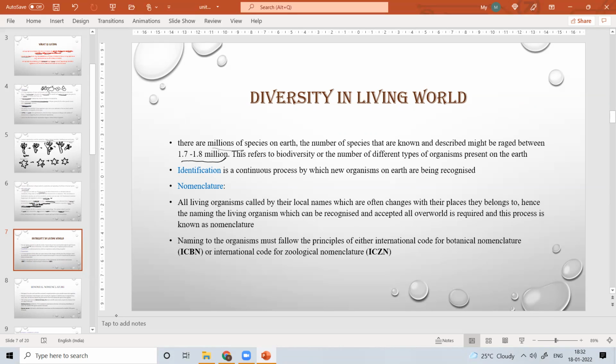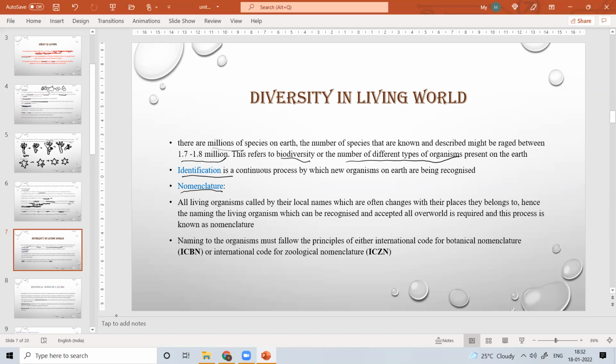This refers to the biodiversity, or the number of different types of organisms present on the earth. So biodiversity is nothing but the number of different types of organisms that are present on the earth. It includes identification of organisms and nomenclature of organisms.